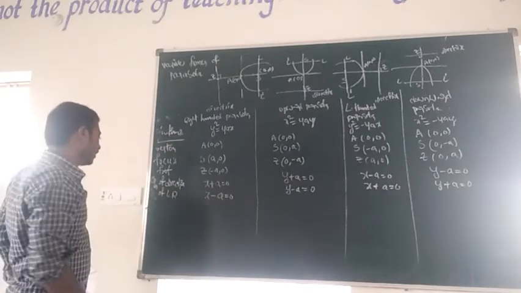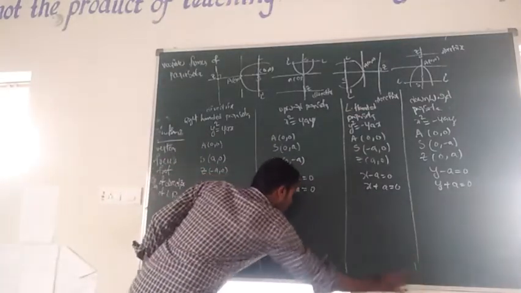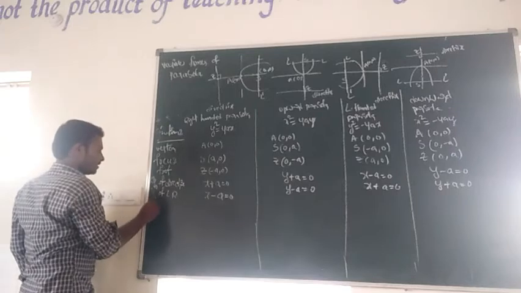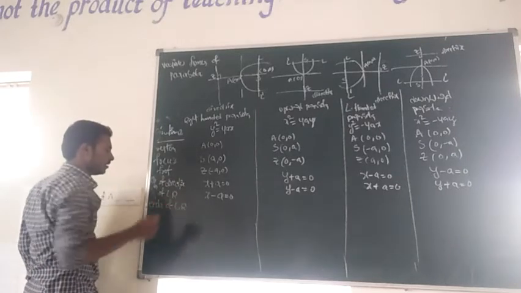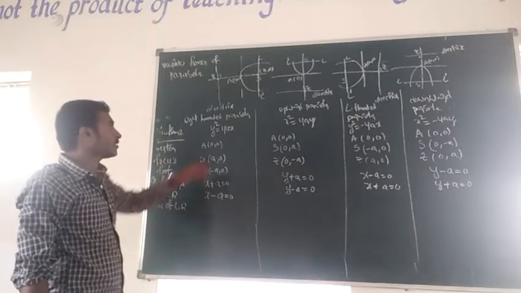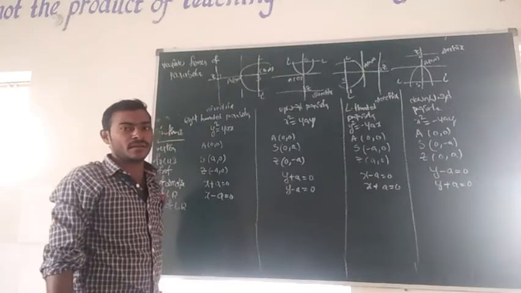And next we conclude with the two points that are the ends of latus rectum, L and L dash. In similar types we get L and L dash.